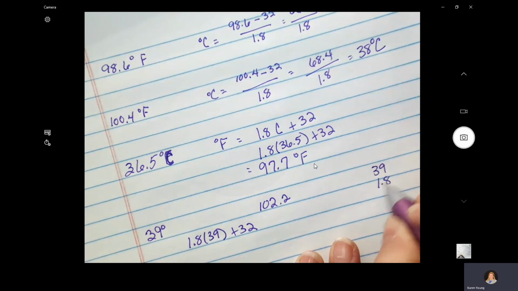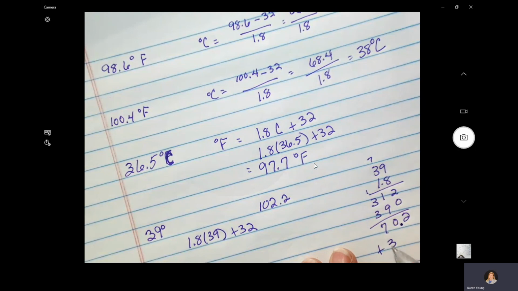I do it by hand. 8 times 9 is 72. 8 times 3 is 24. Then I've got to add the 32.